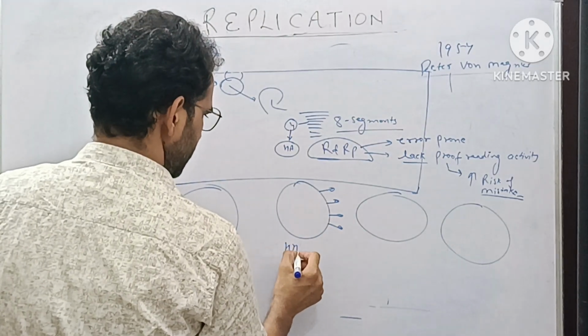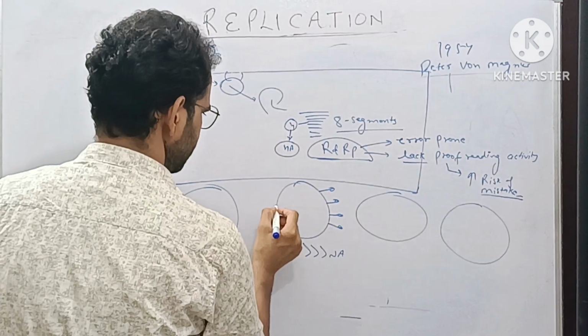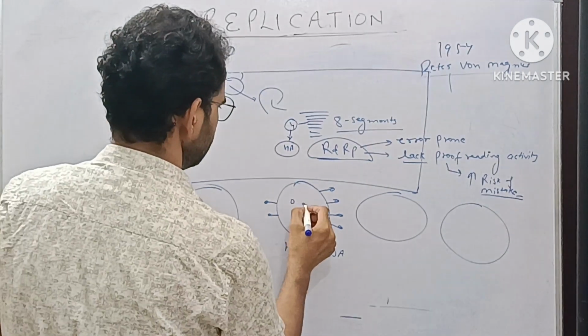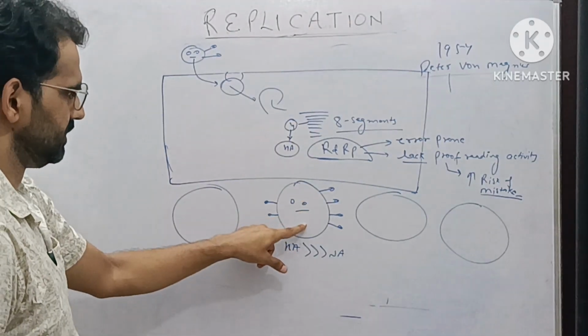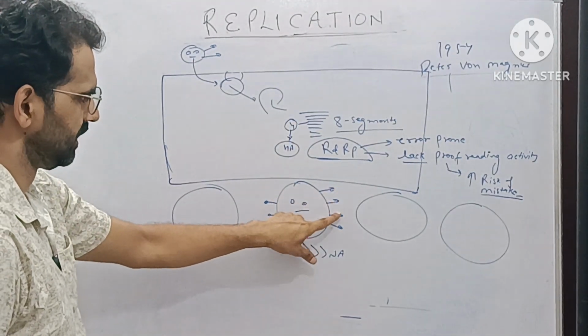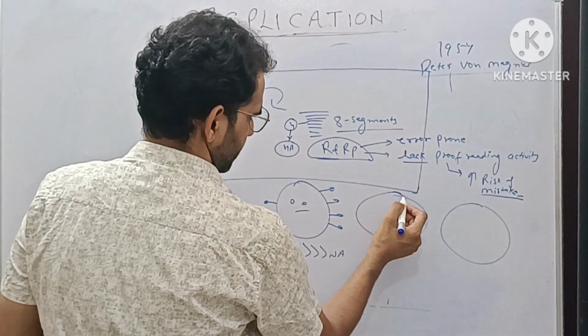So HA will form more than NA. So this is the virus particle coming out with this defect, with more surface glycoprotein HA, hemagglutinin. What happened with this one?